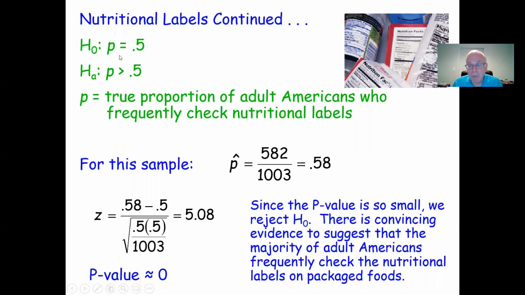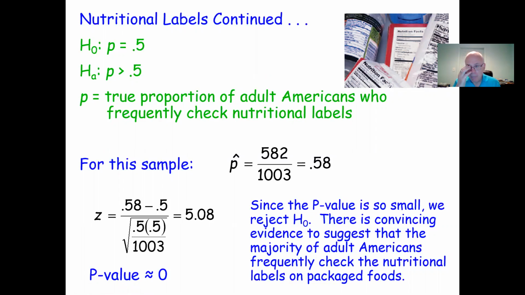Well, it's always possible. But in this case, the probability of that happening is practically zero. So that is why we're rejecting the null hypothesis, and we're concluding that very likely the majority of Americans frequently check nutritional labels. So this is how we use our statistical data to come up with a conclusion.